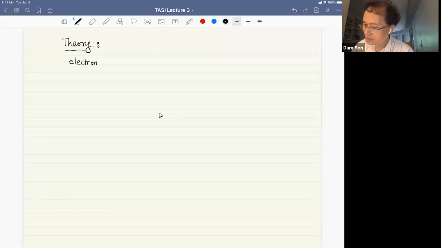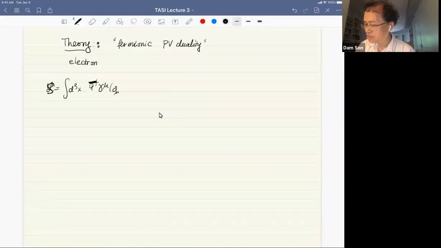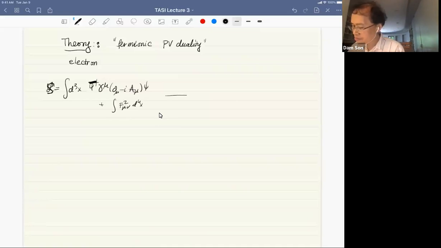The theory is that there is a certain fermionic version of particle-vortex duality that maps the theory of electrons, for which the Lagrangian is known, psi-bar gamma mu (d mu minus i A mu) psi plus F mu nu squared in 4D, into a theory of another field.